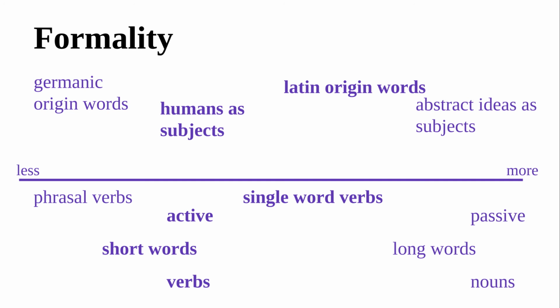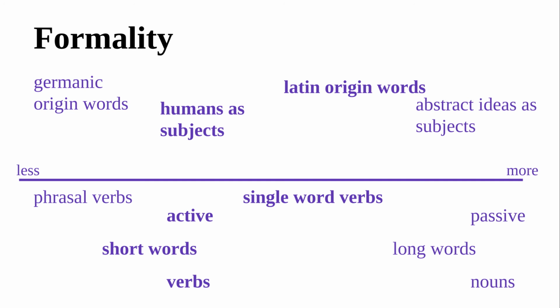Humans as subjects we'll talk about in more detail in the next module. Active voice, single word verbs, short words, using verbs instead of nouns, choosing words with Latin origin. You can combine things that are slightly more formal and things that are slightly less formal in order to create something that is readable and clear, but still has a professional level of formality.